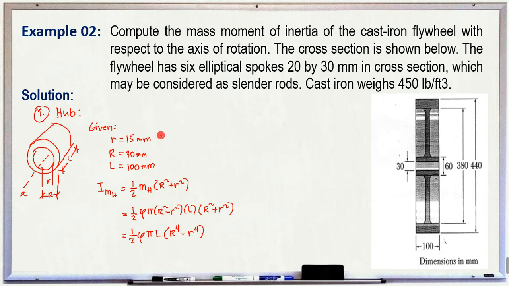So yung 15 mm, no? So again, 1 inch is 25.4 mm, and then 1 foot is 12 inches. So the same thing yung gagawin natin for the bigger radius and the length.